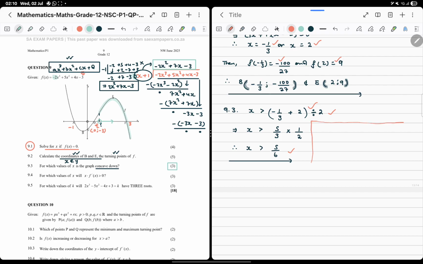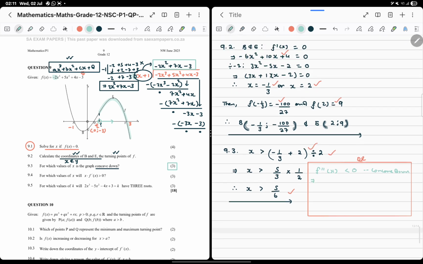The other way would be to use the second derivative. Okay. Now the second derivative, we know that the second derivative for concavity must be less than 0 when something is concave down. This is for concave down. Okay. So this implies now we take the second derivative, which is that one, we differentiate it again.